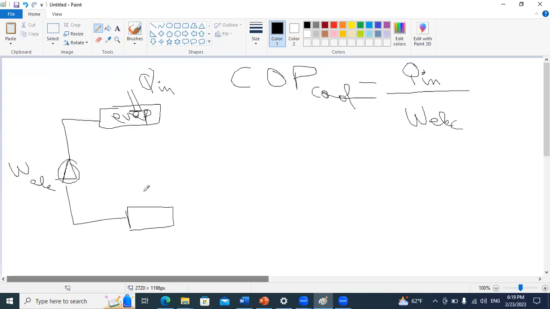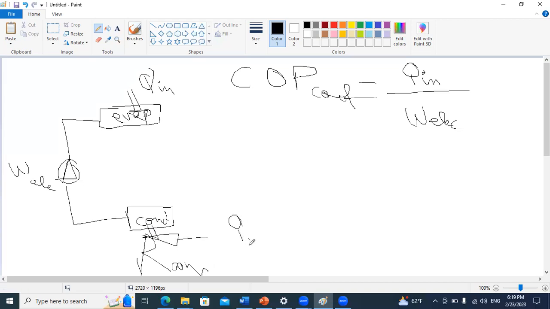During winter, it will put the condenser on the side of the room and the evaporator on the outer side. So the condenser now will reject heat. If you are in winter, your room should be on this side, and the useful energy for you will be the energy rejected by your system, which we call Q_out.